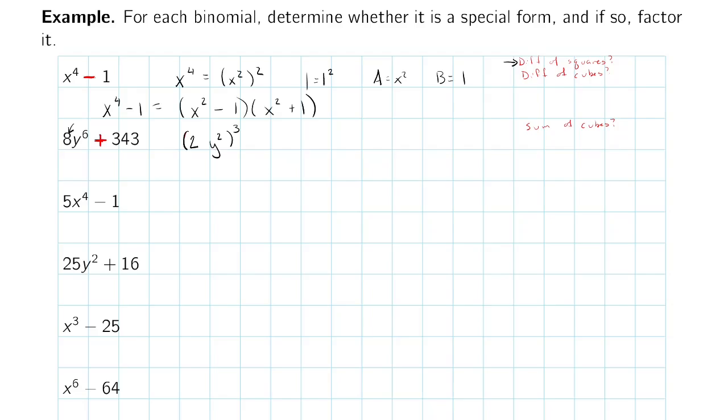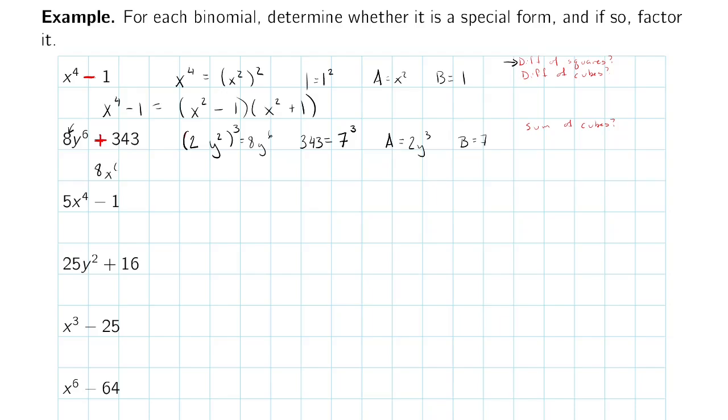So 8y to the 6th is 2y squared cubed. 343, I probably don't know that off the top of my head, but I can get my calculator and make a table, and I find that that is 7 cubed. So this is in fact the sum of cubes. And the reason that I knew to look for 343 being a perfect cube is that my first term was a perfect cube. So this is a sum of cubes with a is 2y squared and b is 7.